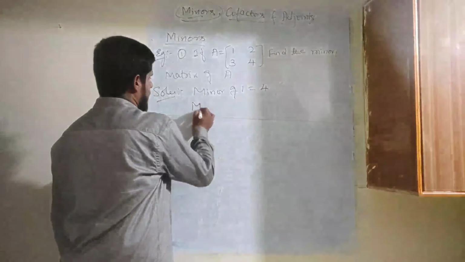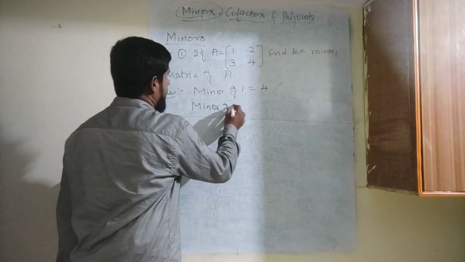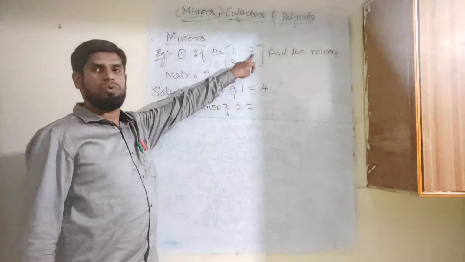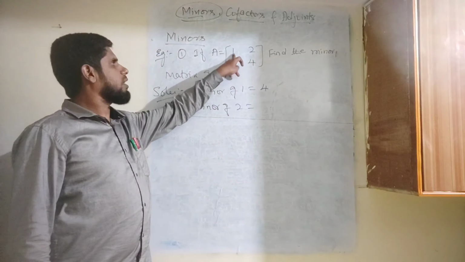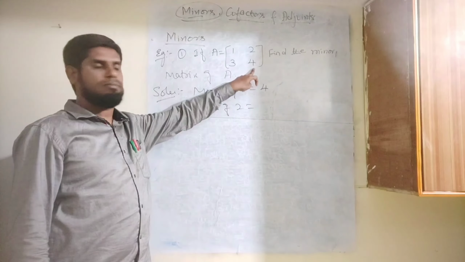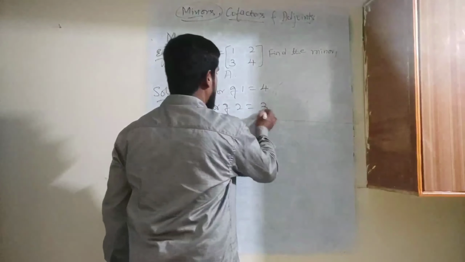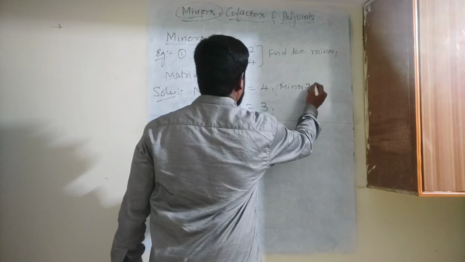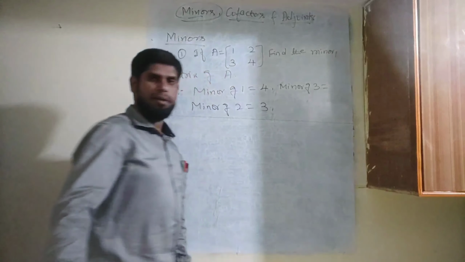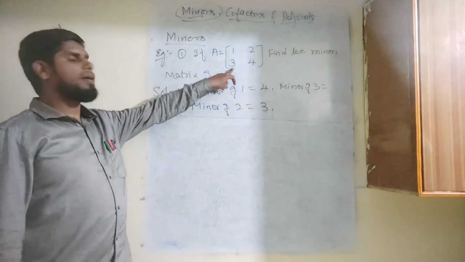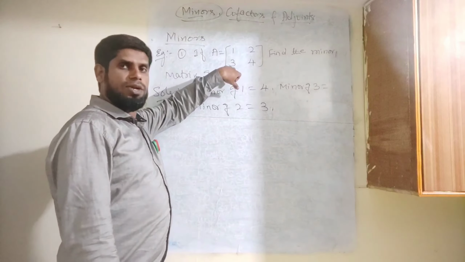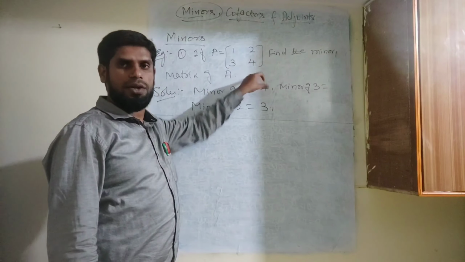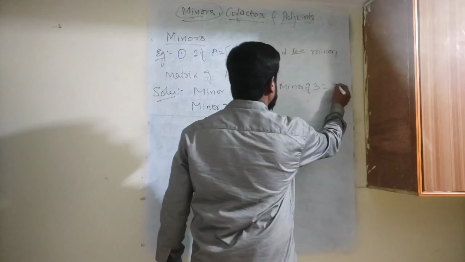Next, minor of 2: after eliminating first row and second column, we get 3 as the answer. Next, minor of 3. 3 is located at the second row and first column. So after eliminating first column and second row, its minor will be 2.